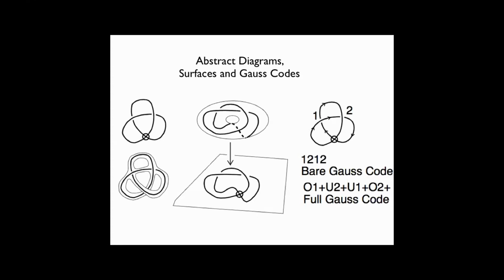Two of the crossings in this projection are weavings on the surface, but one of them has to do with the fact that the knot went around the handle and so is going underneath itself, but that's not a crossing. And so that will be designated by a little circle around that crossing and called a virtual crossing.